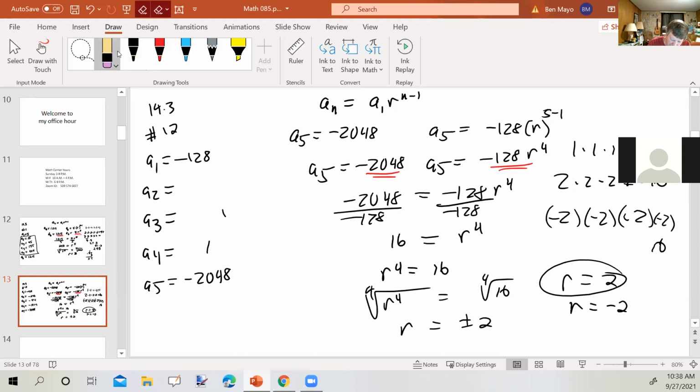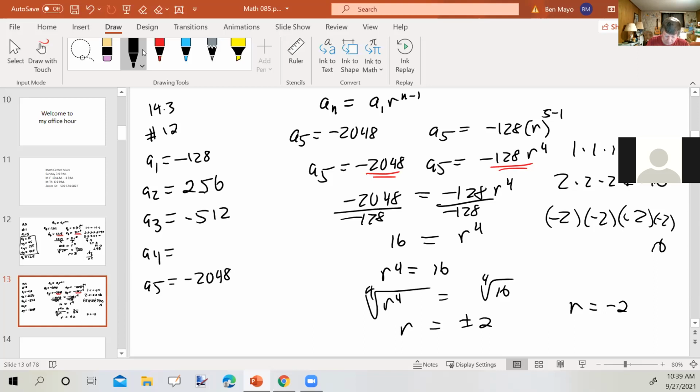Those are all negative. But if we choose r as negative 2, negative 128 times negative 2 is positive 256. 256 times negative 2 is negative 512. Negative 512 times negative 2 is positive 1024.